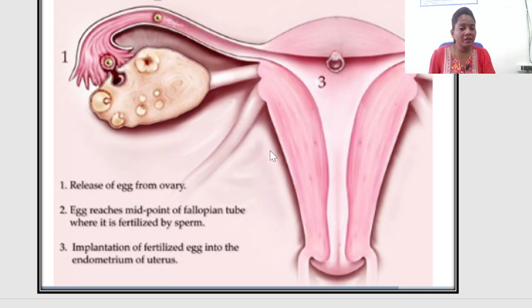The uterus is suspended in the pelvic cavity with some ligaments. Those are all the things you need to discuss, and you have to write the content for 15 marks.